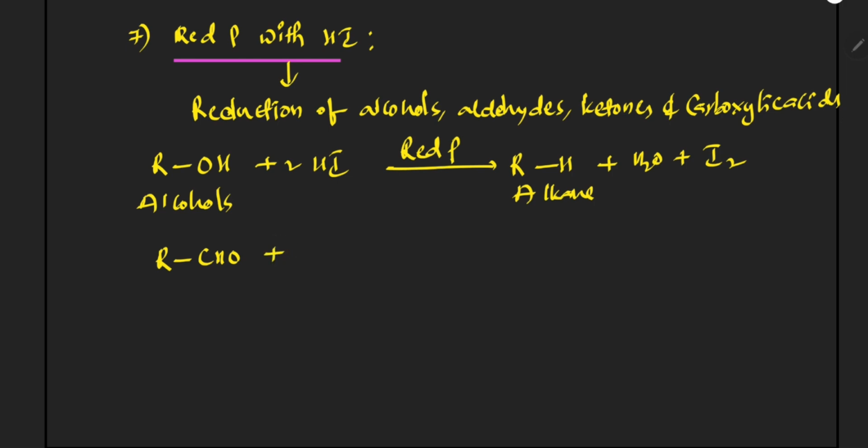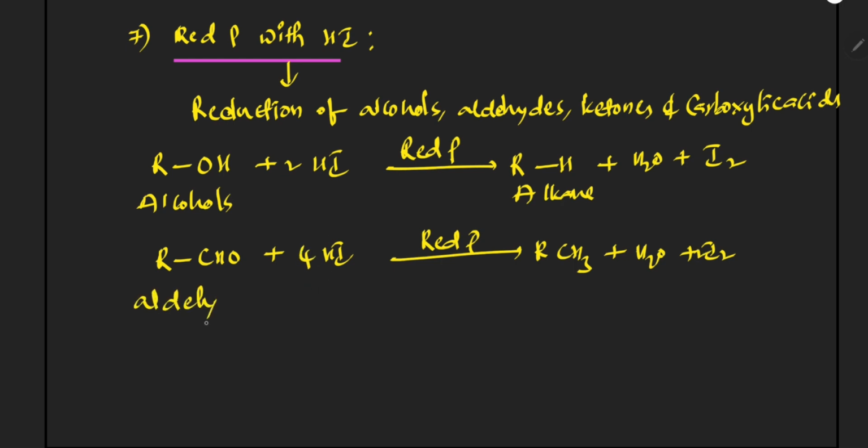Aldehyde in presence of hydrogen iodide with red phosphorus gives alkane. See, aldehyde is converted to alkane in presence of red phosphorus with hydrogen iodide.